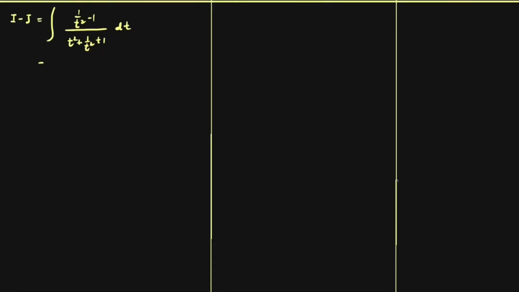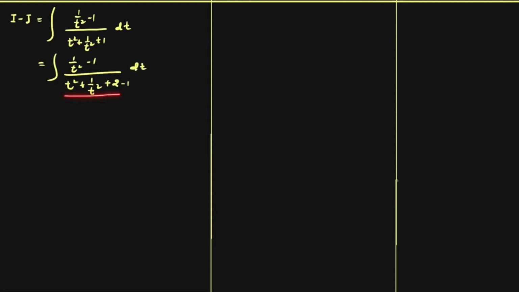So this we are able to write as integration of 1 by t square minus 1 divided by t square plus 1 by t square plus, in the place of 1 we are able to write 2 minus 1 dt.